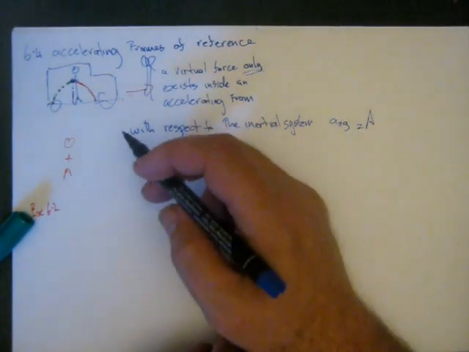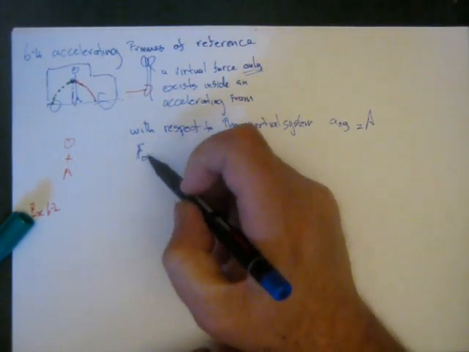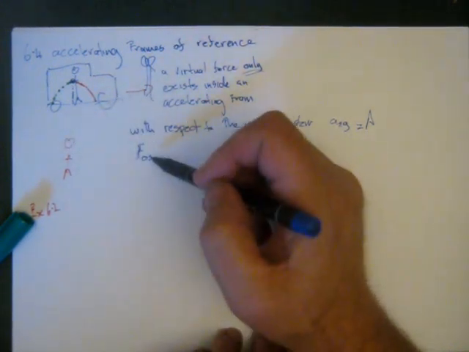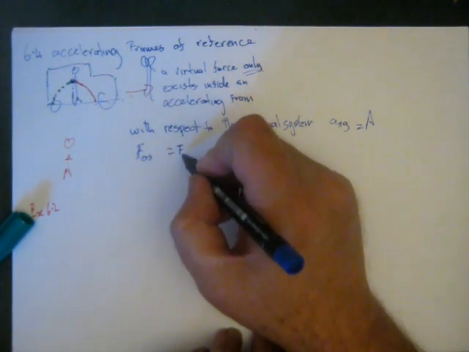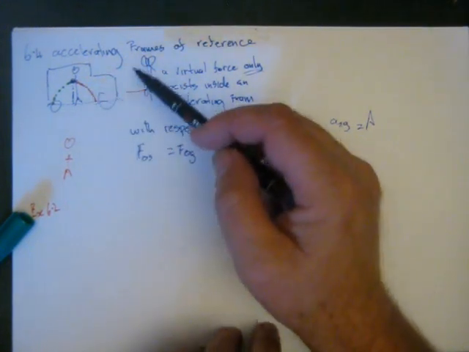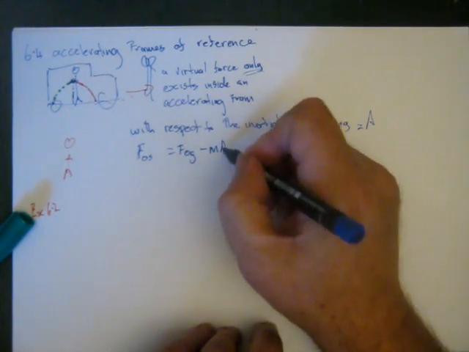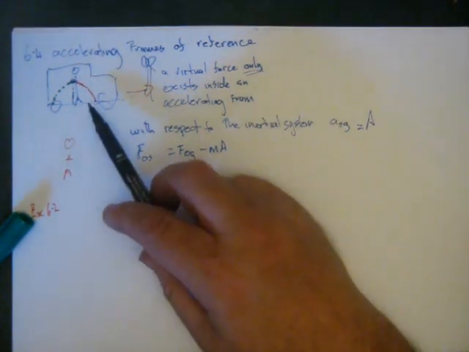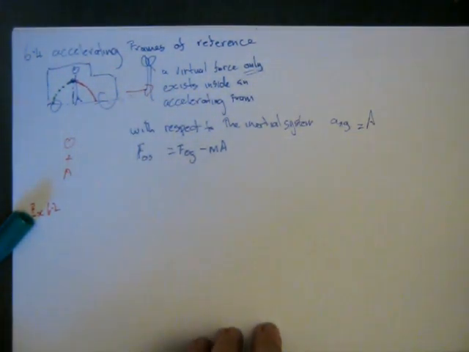So the force here of the observer in the system, so this is the force that I'm seeing, equals the force of the observer with respect to the ground, minus the mass times the acceleration of the system with respect to the ground, so of the van to the ground, which I know is horrible, but we'll do a couple of examples with this in a second.